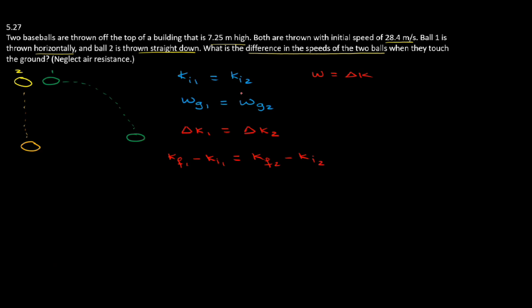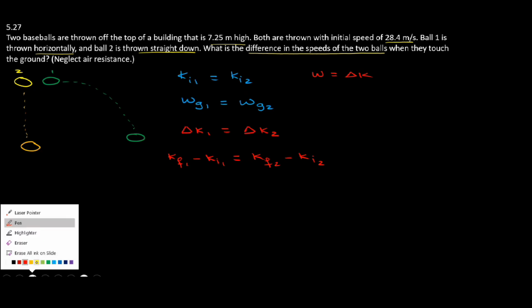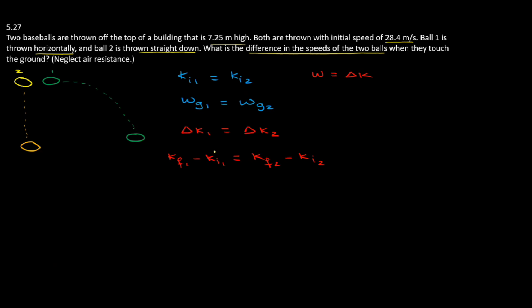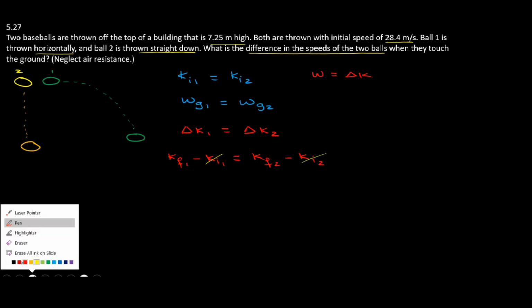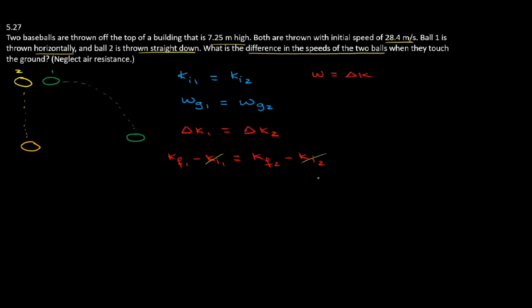Now we have already established that the initial kinetic energies are equal since they are thrown with the same initial velocity. I can cancel the initial kinetic energy from both sides because they are equal. This gives me that the final kinetic energies of the balls are also equal.